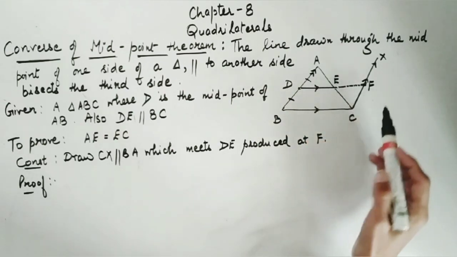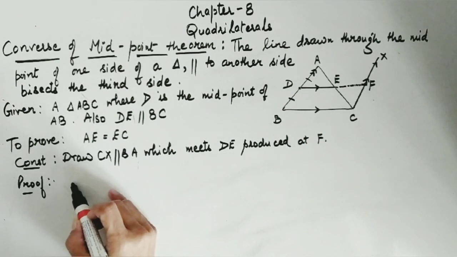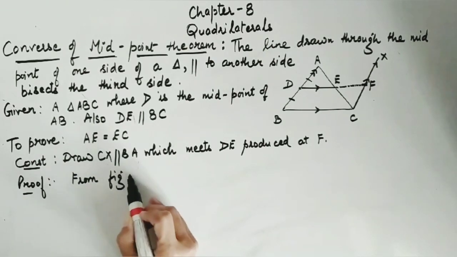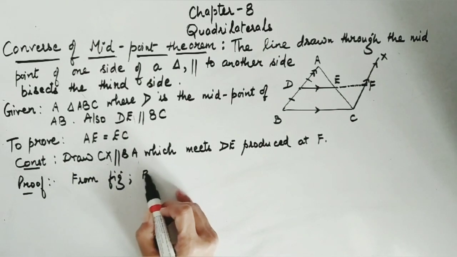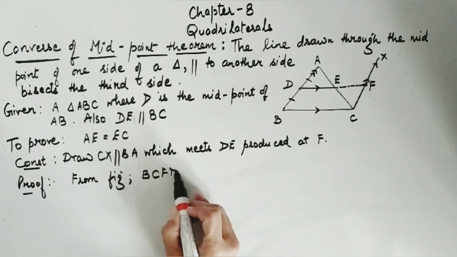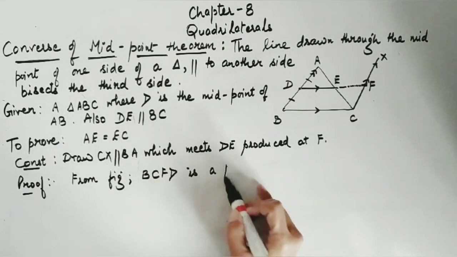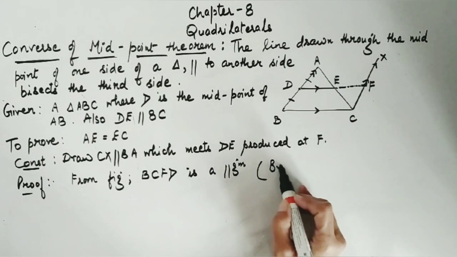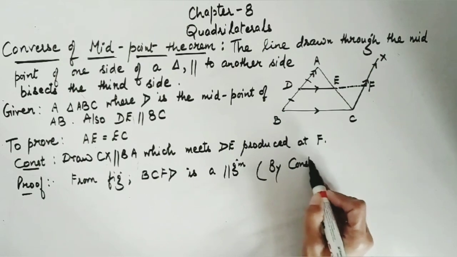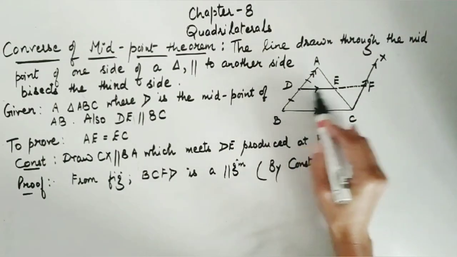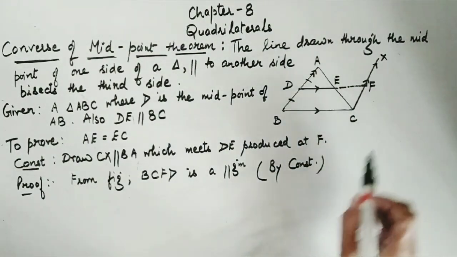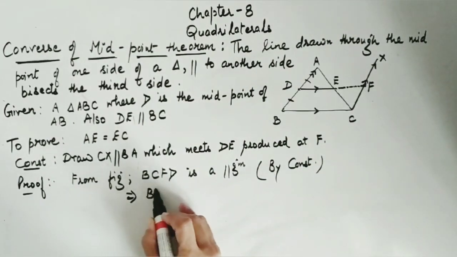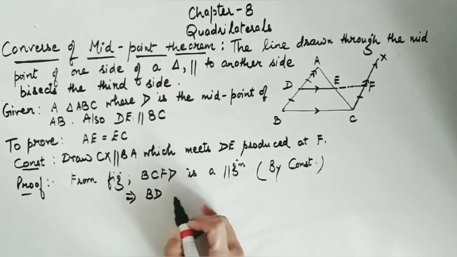That makes this figure, from the figure, BCFD a parallelogram. Reason you can mention: by construction, because the construction has made this figure a parallelogram. And if it is a parallelogram, opposite sides of a parallelogram must be equal. So BD must be equal to CF.